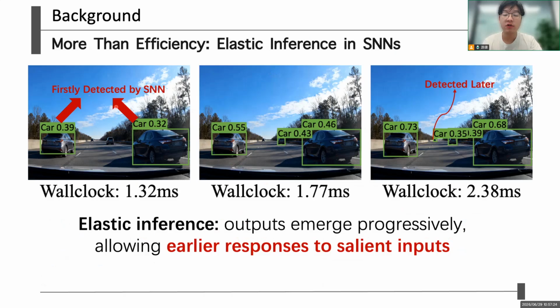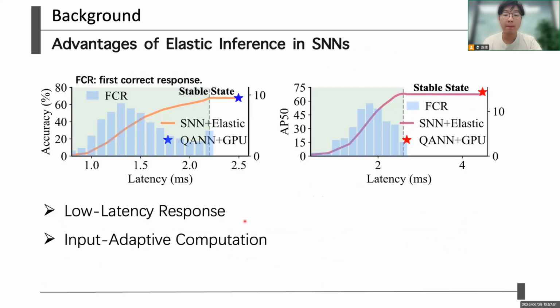During the early stage of SNN inference, the model first detects nearby vehicles. Then, as the inference continues, more distant vehicles are gradually detected. This suggests that SNN can respond earlier to salient input while allocating more time to harder cases. We call this elastic inference.